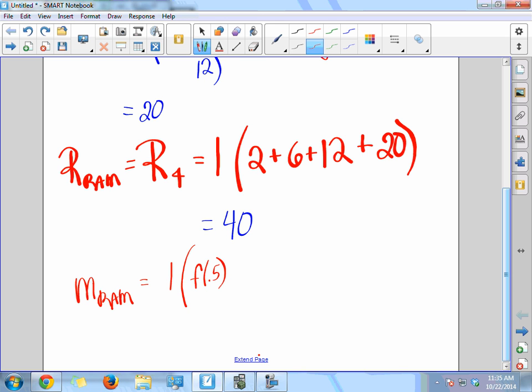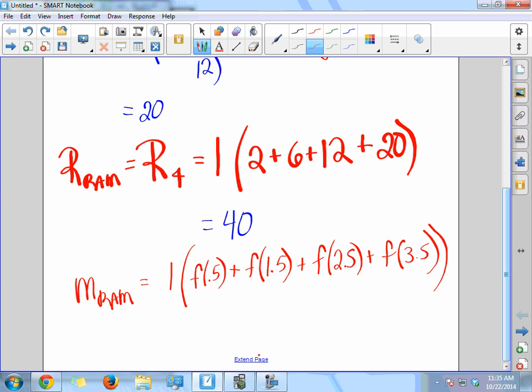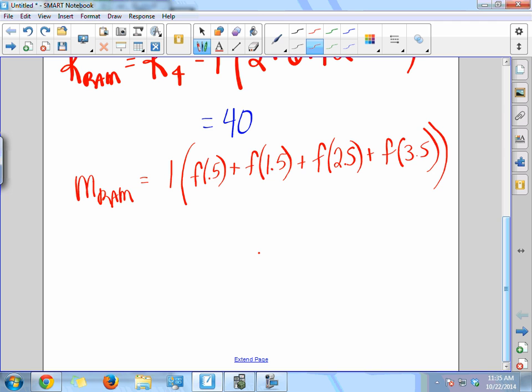So I'm going to do my function evaluated at 0.5, plus my function evaluated at 1.5, because that would be the middle of my next subinterval, plus my function evaluated at 2.5, plus my function evaluated at 3.5. And that would give me my midpoint estimation.